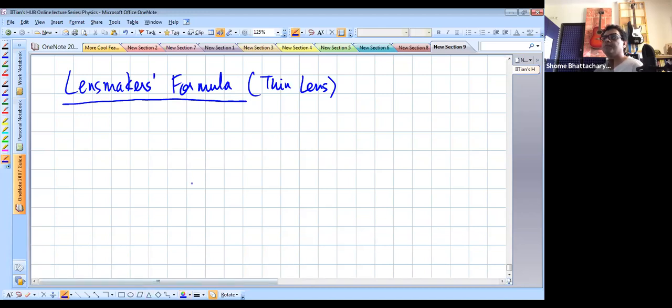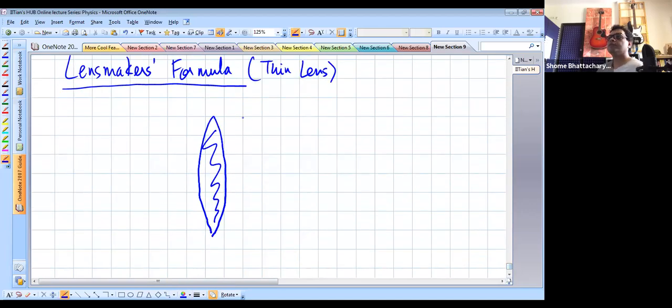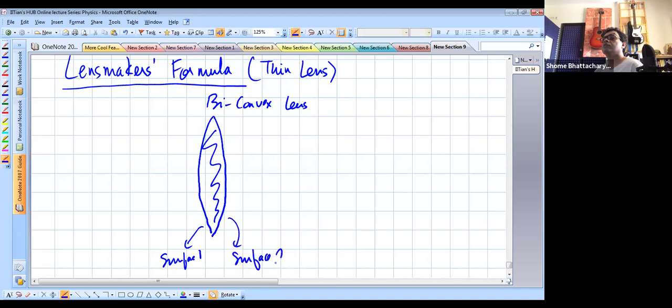Okay. So let's take an example of a biconvex lens, but we will see that the final formula that we get with Cartesian sign convention applied is uniform for all types. I mean, it's a universal formula for all types of lenses. Okay, so this is a biconvex thin lens. Let's take this as surface 1, and this one as surface 2.